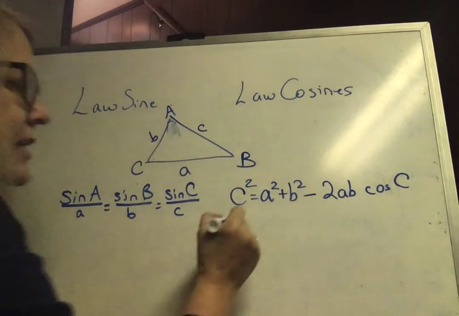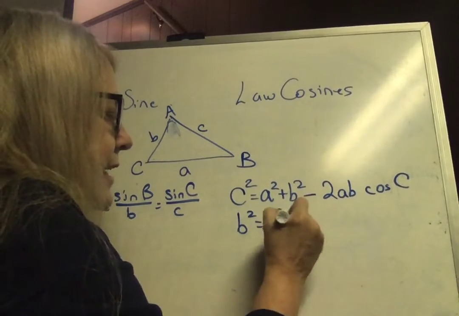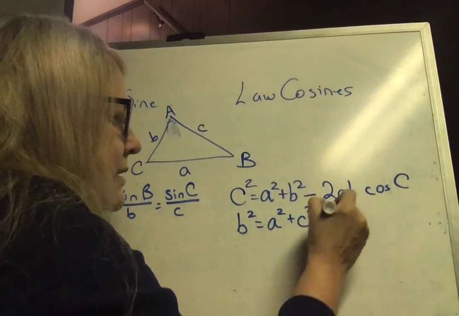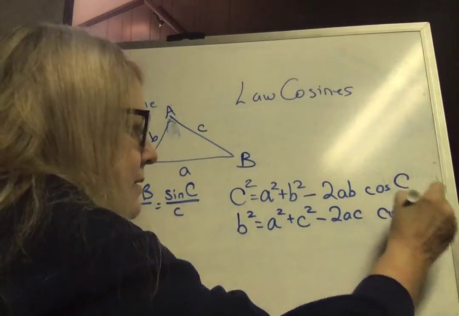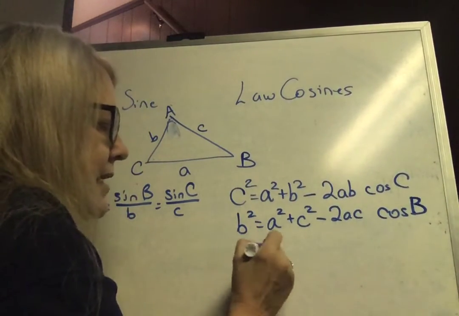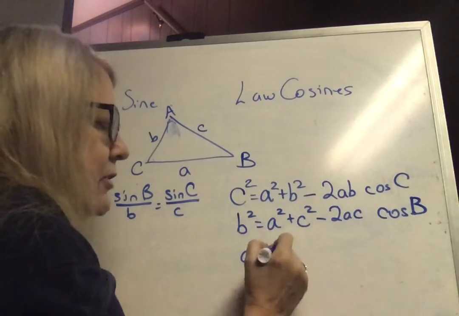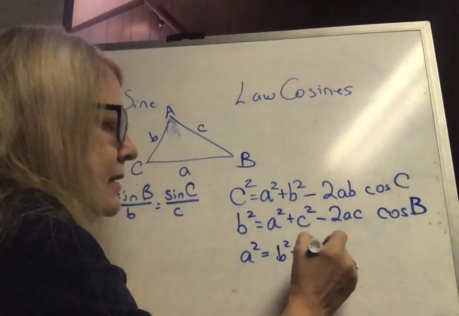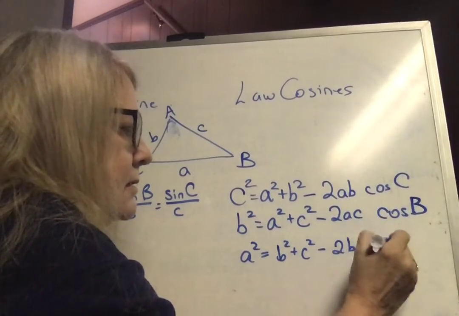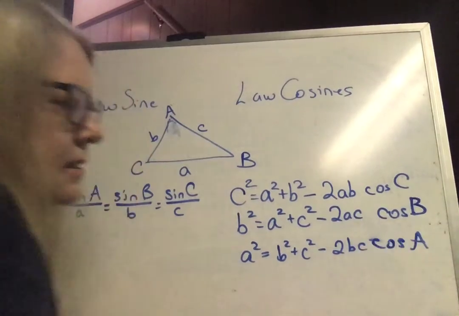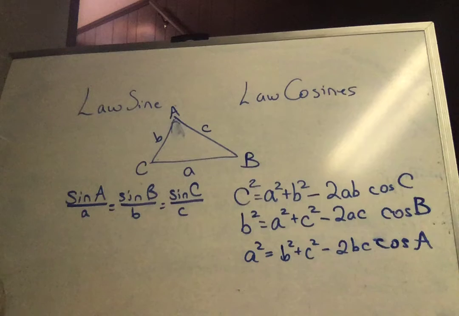So if we said b squared, then the other letters are a and c, minus 2ac cosine b. Or if it were a squared. So we could just write this first one, but that's just a matter of changing them around. We can write just one and it means any of the three.